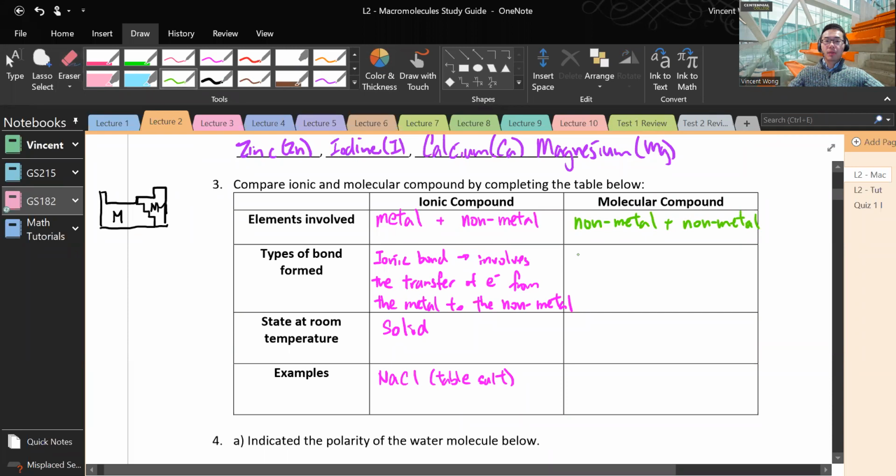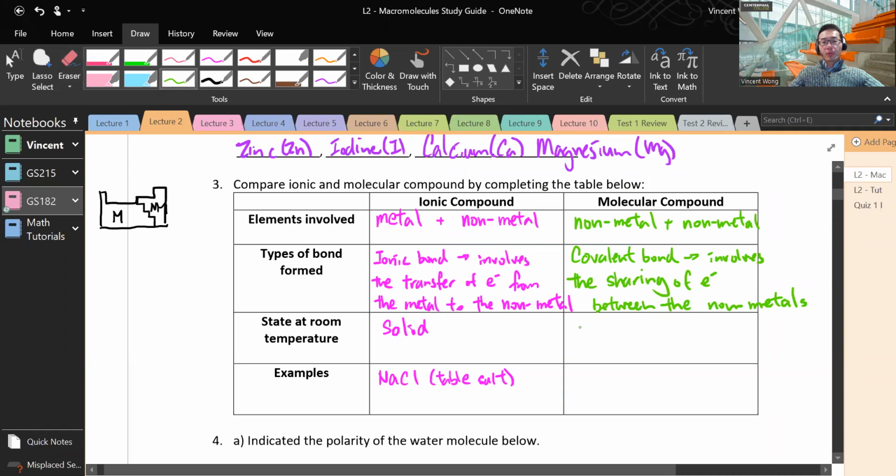And the type of bonds that we form in molecular compounds, we call them covalent bonds. Covalent bond, which involves the sharing of electrons between the non-metals. Okay, so rather than transfer, we have sharing of electrons.